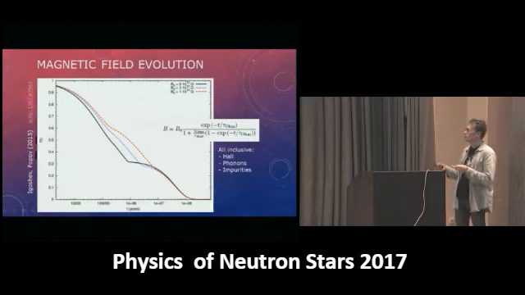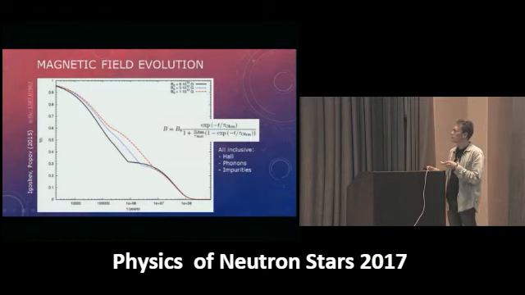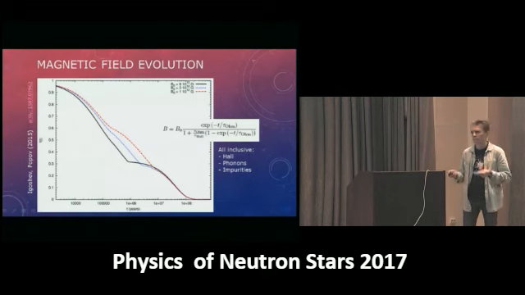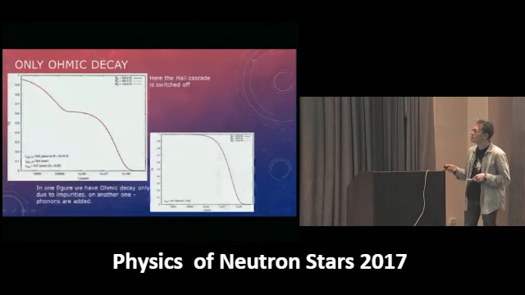We can put all these ingredients, impurities, phonons, Hall cascade, and see what happens when, at some age, we switch off phonons when the neutron star crust reaches some critical temperature, and then we can switch on the Hall cascade according to predictions of numerical models.